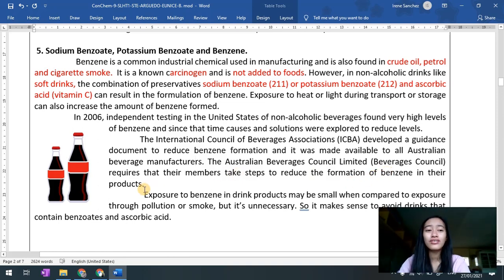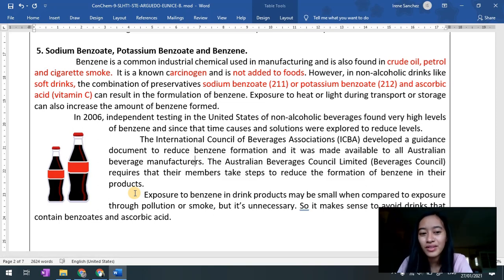You just drink the soft drink and the benzene shouldn't be there, but because of preservatives, sodium benzoate and potassium benzoate, and the ascorbic acid put in to protect the vitamin C, well, these become benzene.